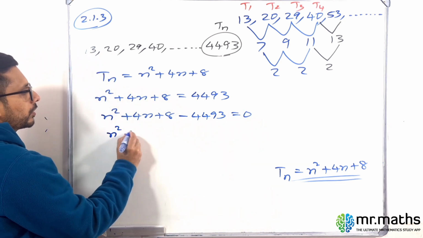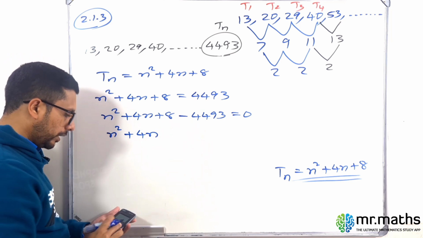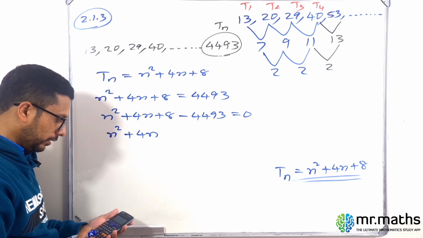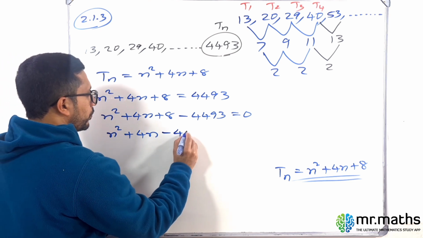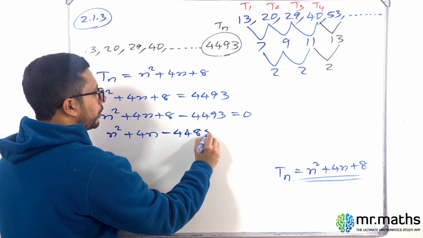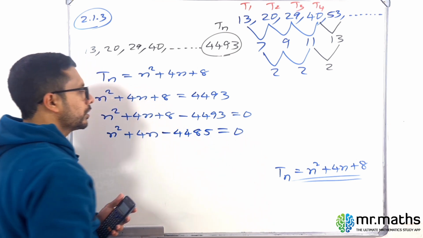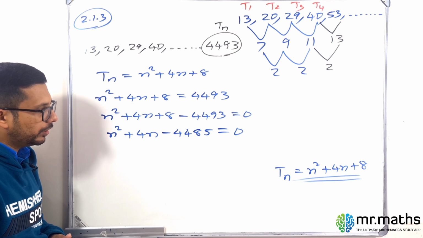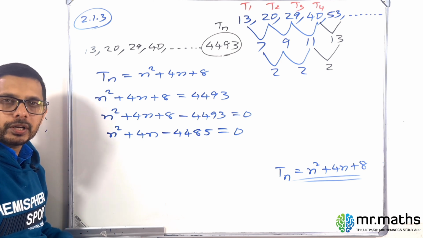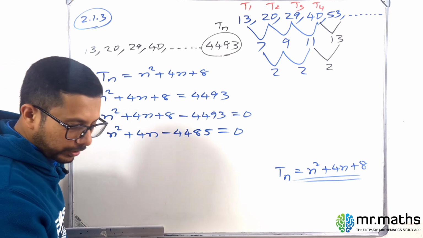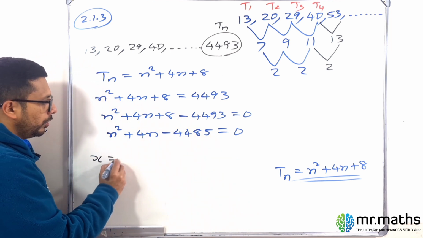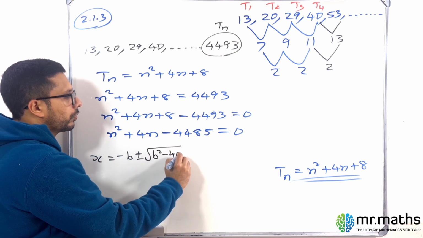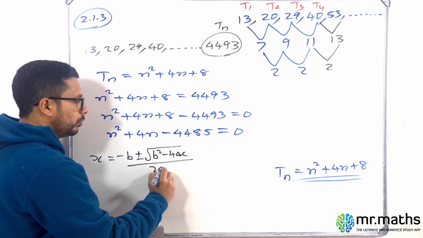So take your calculator: n squared plus 4n, then 8 minus 4493, that is minus 4485, is equal to 0. Now let's try to find n. Since the number is too big, we can use the quadratic formula quickly. What is the quadratic formula? x is equal to minus b plus or minus the square root of b squared minus 4ac, divided by 2a.